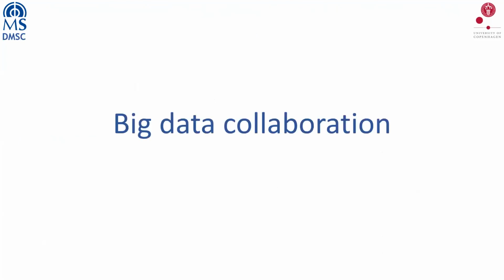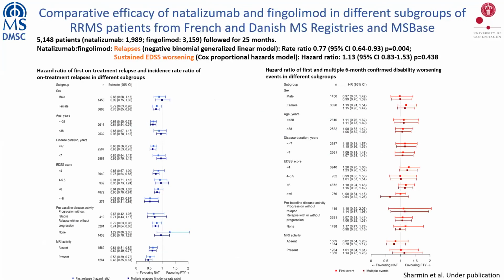Finally, we can use register data for big data collaboration. And this is a study under publication. It's a comparison of natalizumab or fingolimod in the 3 largest studies that was performed with data from the French and the Danish registers and the MS space.